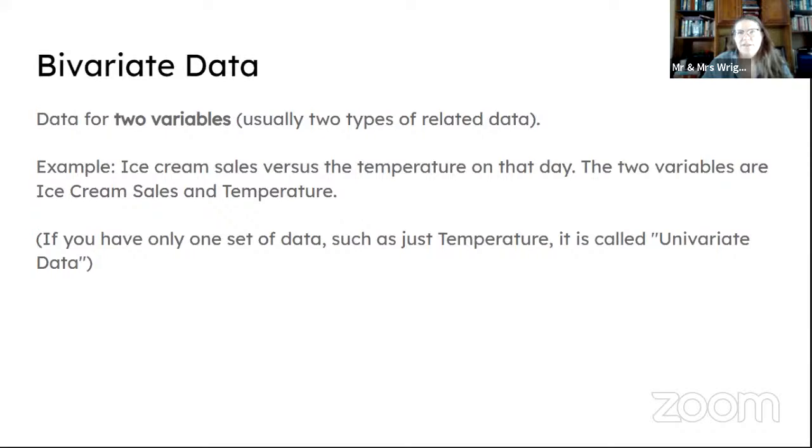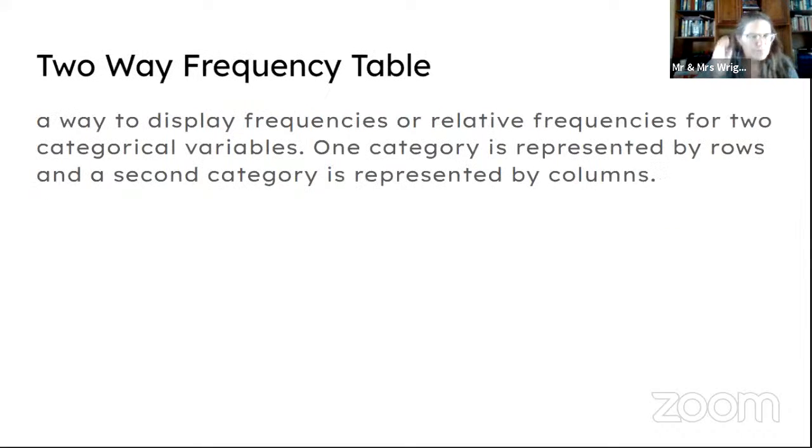So height and weight, or how many sales of ice cream you have on a particular day, and you also record the temperature on that day. So you can see if it's a hotter day, is there more ice cream sales? However, if you have just one type of data, such as just ice cream sales or just temperature, then it's univariate data.